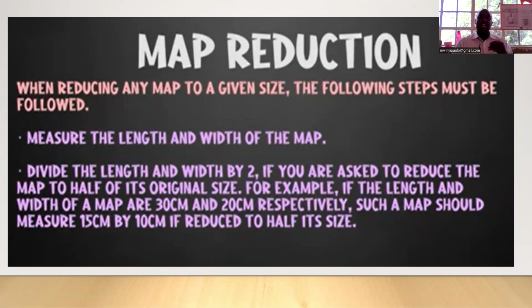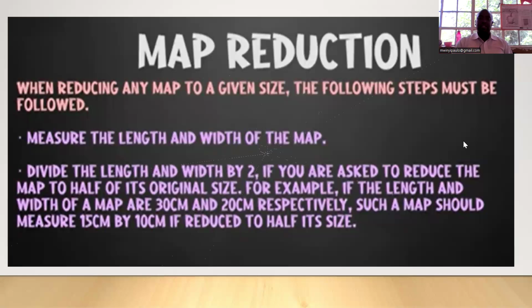For example, if the length and the width of a map are 30 centimeters and 20 centimeters respectively, such a map should measure 15 centimeters by 10 centimeters if reduced to half its size.